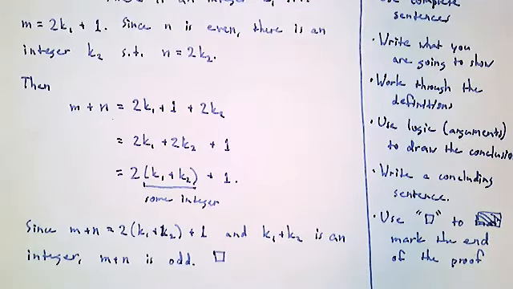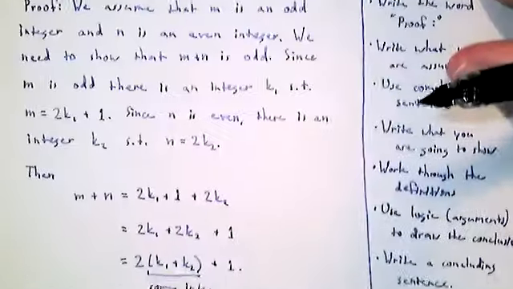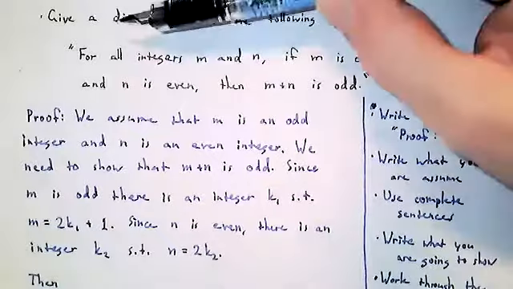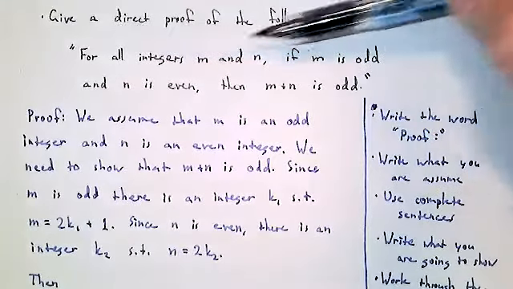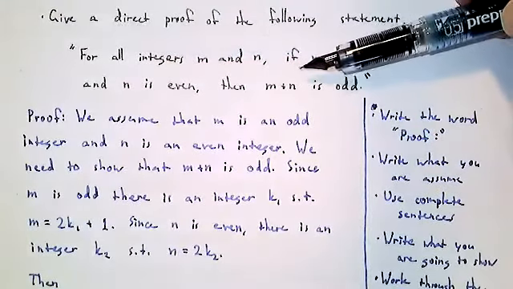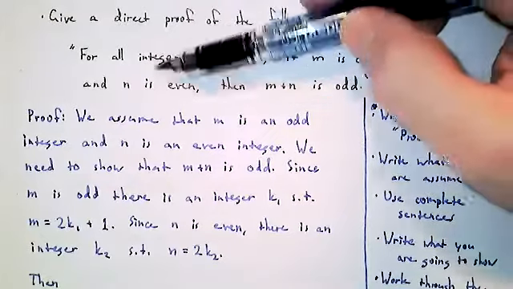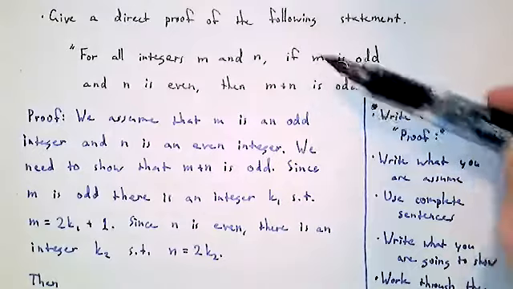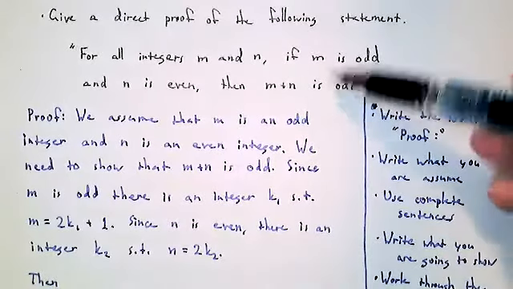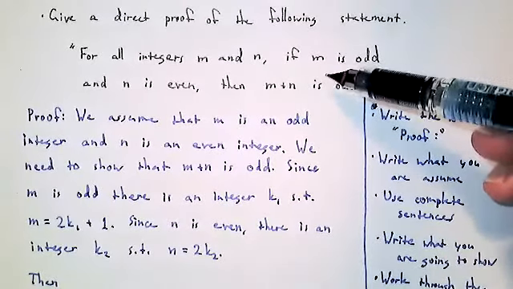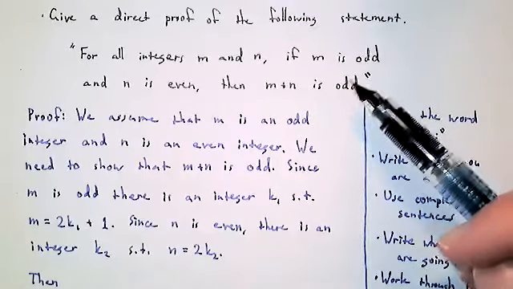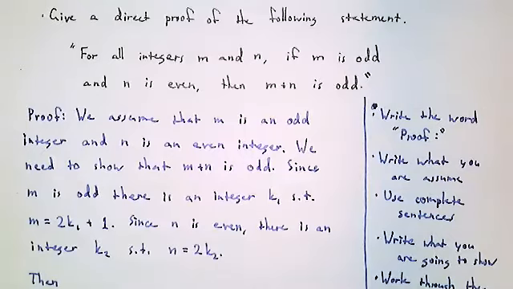Okay, so this is an example of a proof where we're looking at a universal quantifier with a conditional statement. There are, of course, many other kinds of statements. Instead of having a conditional, you might just have a single proposition instead of an if P then Q kind of proposition.